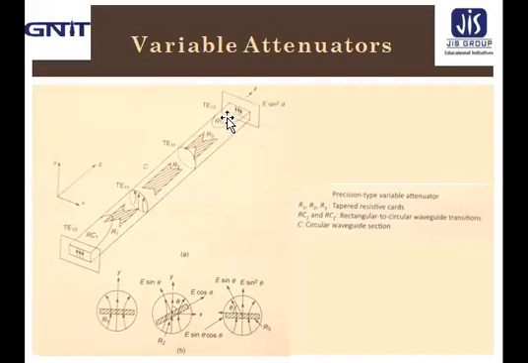That portion is RC2, and that portion is RC1. Now the center circular section, that is the part with the resistive card, can be positively rotated by 360 degrees with respect to the fixed section of the circular to rectangular waveguide section.